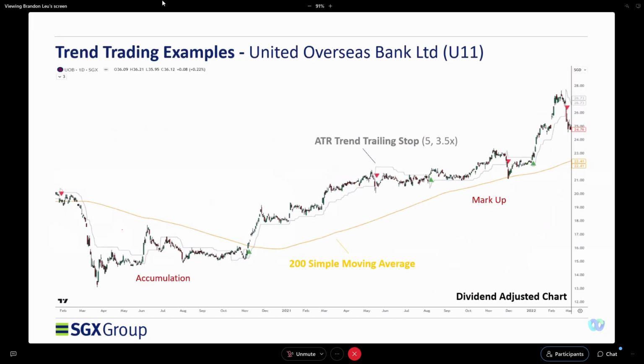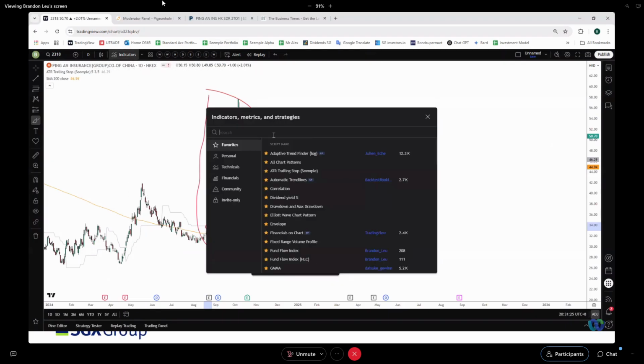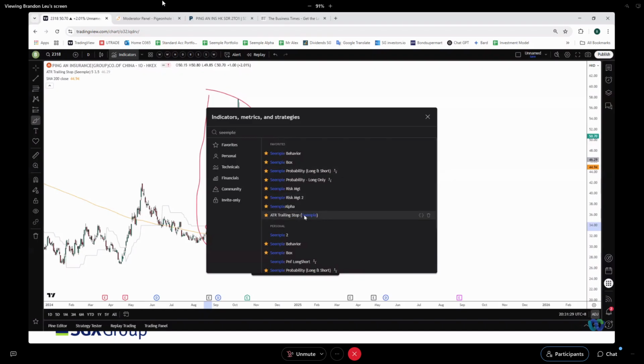And this is how it looks when you download or keep the indicator that I share with you in your TradingView. You can go to TradingView under indicators. You can click "simple", because I use ATR, trailing stop, and a bracket simple.